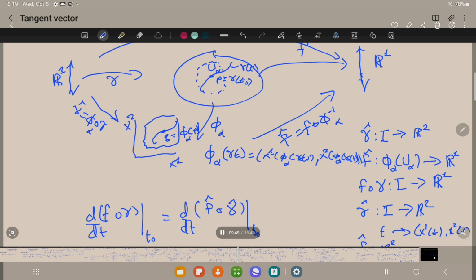And then you see down here, f hat is a mapping from R2 to R1.